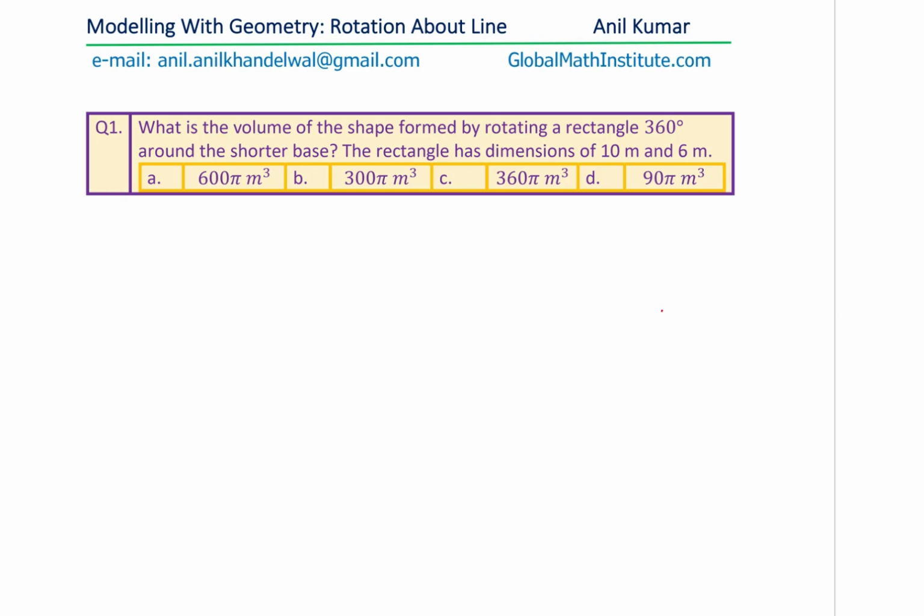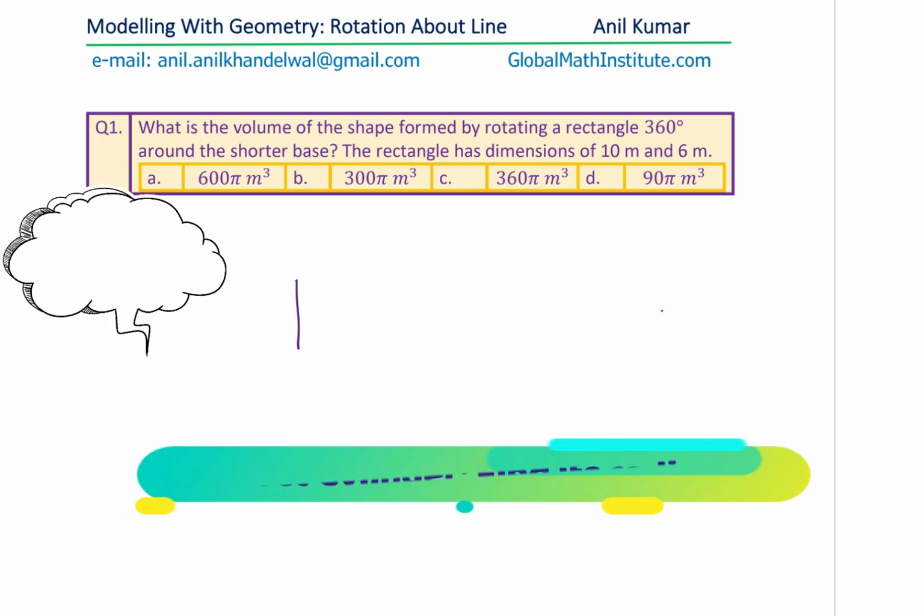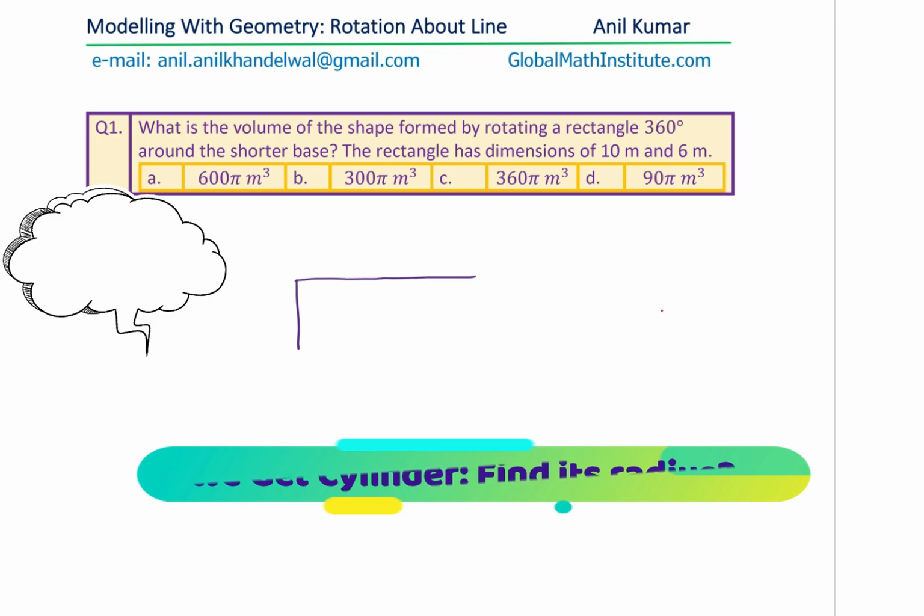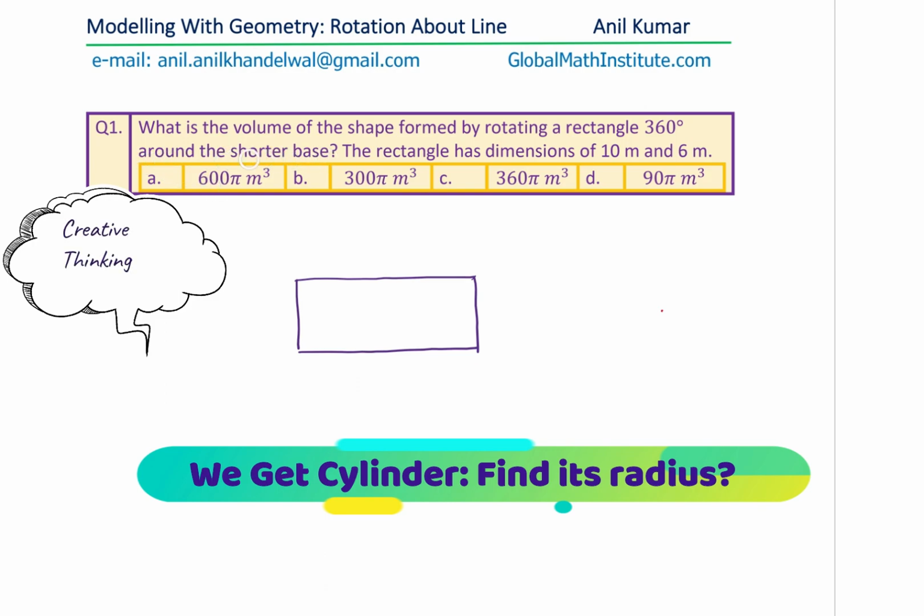To solve this question, let us make a rectangle first. So we have this rectangle which has a longer side of 10 meters and the shorter side of 6 meters. Now we're saying that it is being rotated 360 degrees around the shorter base. So what is fixed here is this shorter base.